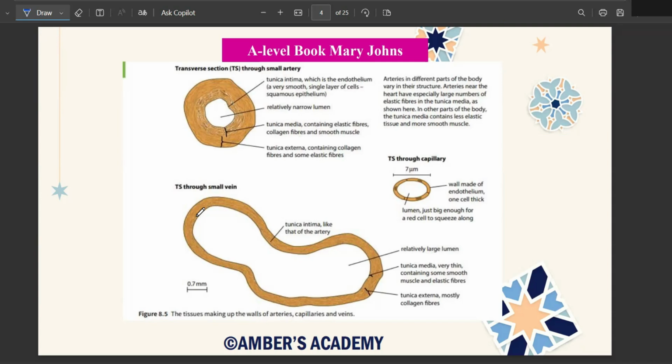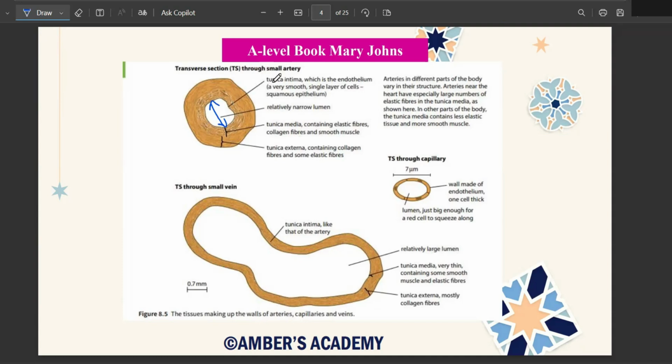The most essential difference that you need to remember is that an artery has a narrow lumen, whereas a vein has a large lumen. Then there are three layers of artery and three layers of vein, and you need to remember the composition of each layer of artery and each layer of vein.